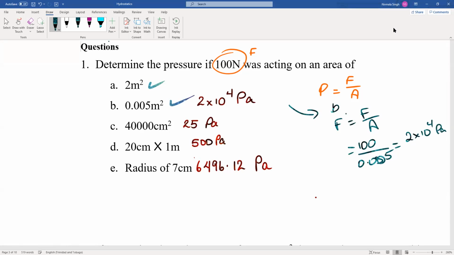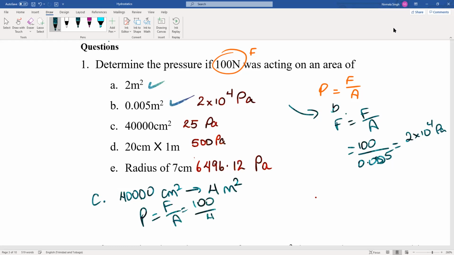So that's for B. If I want to work out C, 40,000 cm square, all you have to do to convert it to meters square is divide by 10,000. So that's going to give you 4 meters square. So your pressure will be force over area, which will be 100 over 4 to give you 25 pascals.